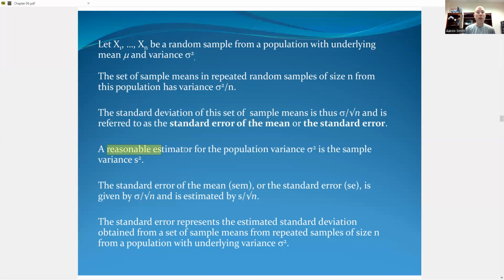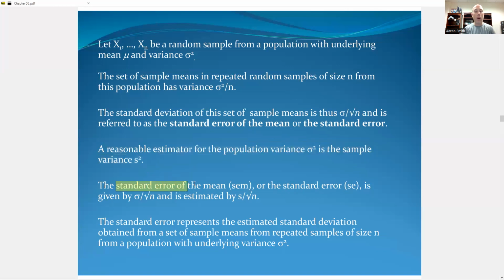A reasonable estimator of the population variance, sigma squared, is the sample variance, S squared. Remember that this is the average of the square of the difference between the value and X bar.